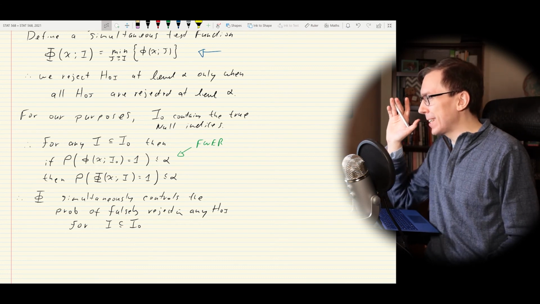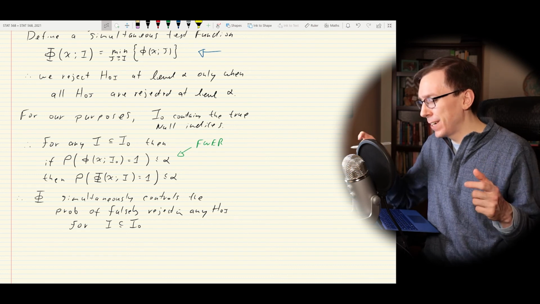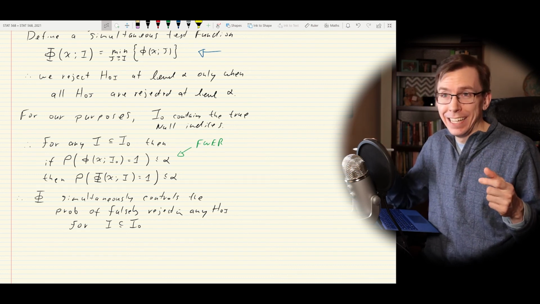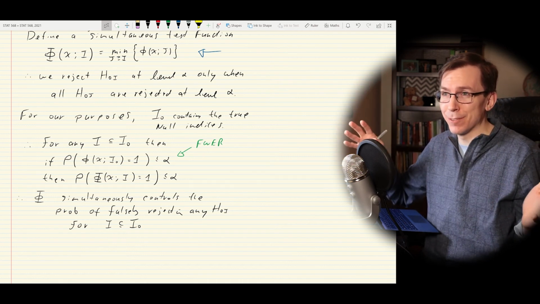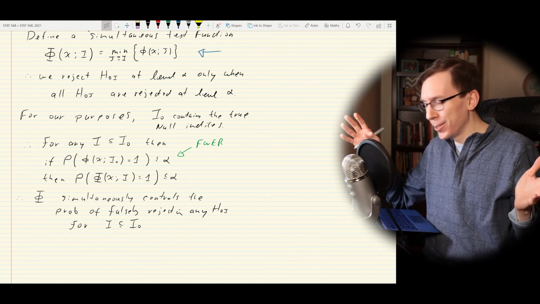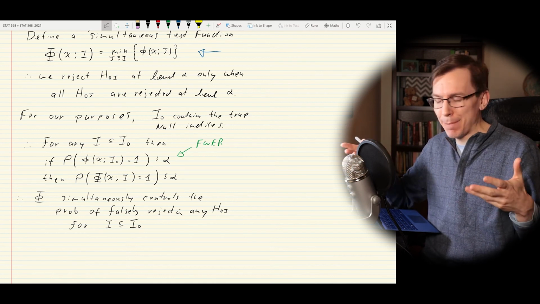So this is a really, really abstract way of saying, if we have a nice test function phi, little phi, then we can create the simultaneous test function capital Phi that will control what we need to control in this step-down way.